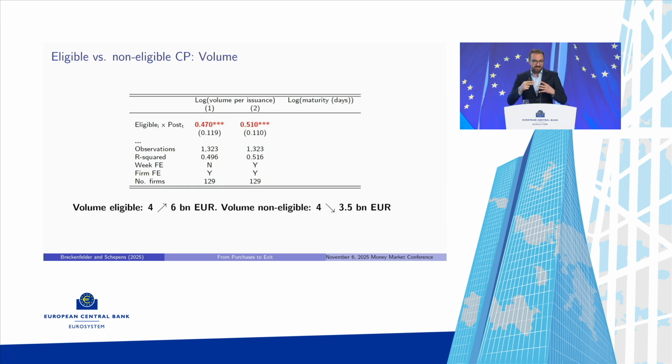So putting this into a regression, what we have here on the left is the log volume per issuance, and this goes up by about 50%. If we use this and we look at the actual aggregates, that implies a volume increase of 4 to 6 billion, while for the ineligible, it continues going down slightly.